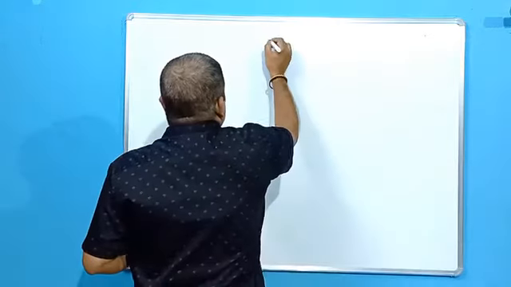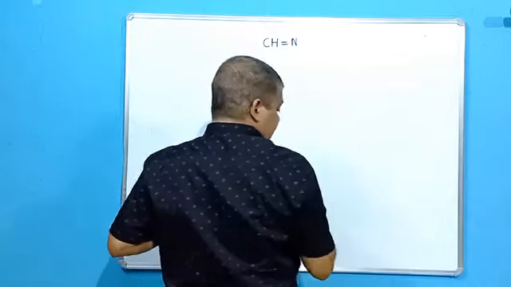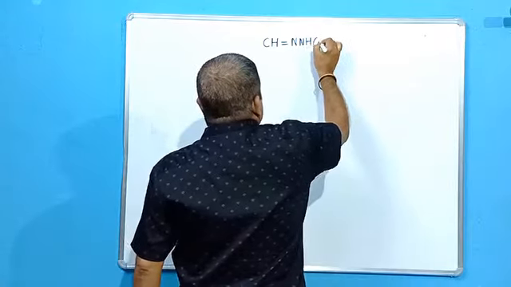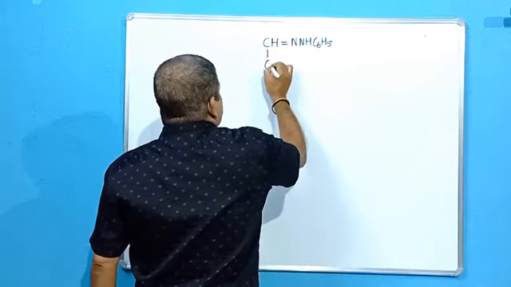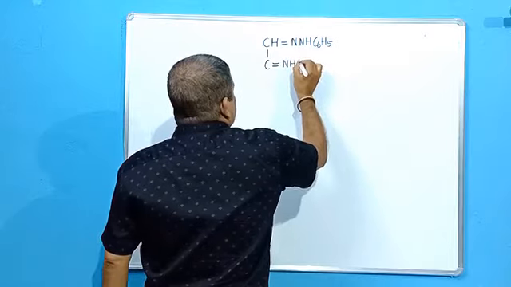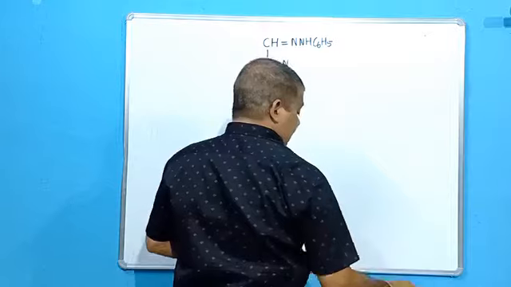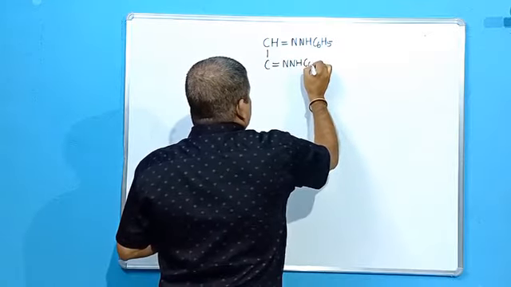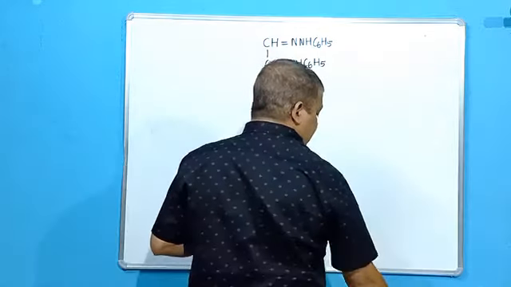The formula will be CH=N-NH-C6H5, then C=N-NH-C6H5, then remaining will be unchanged.